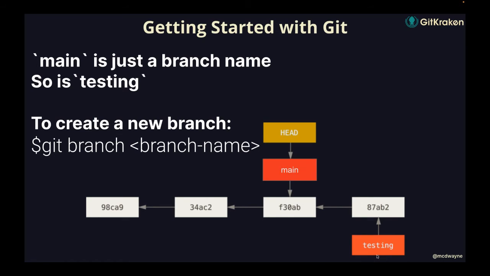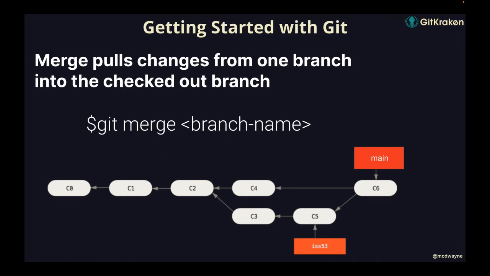Then we checked out the testing branch, git checkout testing, and now we made a commit on the testing branch. Then we checked out main again. So now testing is a branch that sits here, but from Git's point of view, we checked out main, which is still pointing at this one. So it's not really a diverged set of trees that looks like this. From Git's point of view, it's just a bunch of commits that are pointing at each other with references. Maybe that was more confusing than it needed to be, sorry.